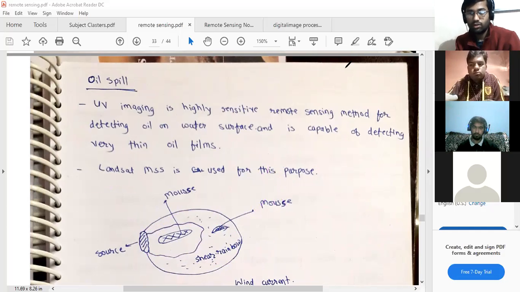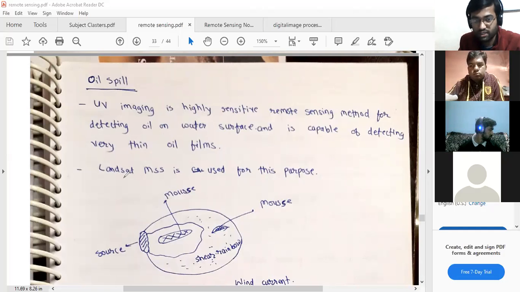Because these oil spills spread very rapidly and cover very large areas, remote sensing is very useful to monitor or mitigate them. Ultraviolet imaging is a highly sensitive remote sensing method for detecting oil on a water surface and is capable of detecting very thin oil films.